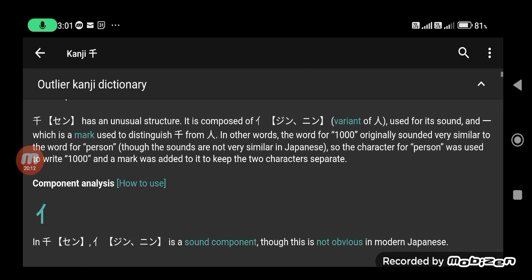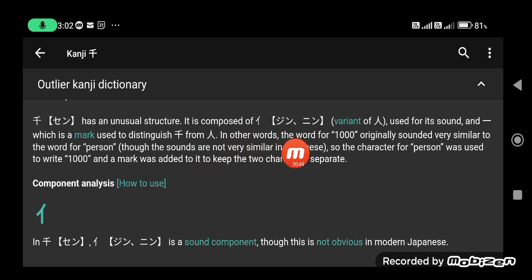So here, sen has an unusual structure. It is composed of jin or nin, a variant of human. It's a kanren, a related form. I have also discussed in our previous lesson what a kanren is, but I will also put that in the description box. It is used for sound, and the ichi here was used only as a distinguishing mark to distinguish the sen or 1000 from human.